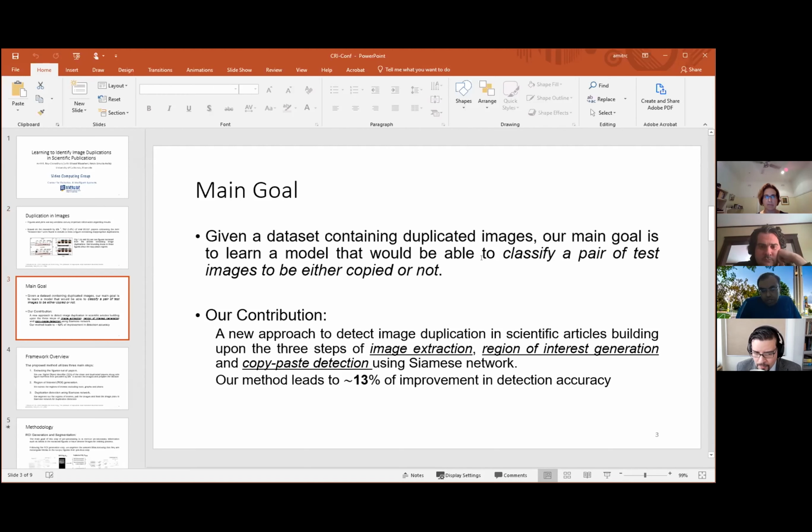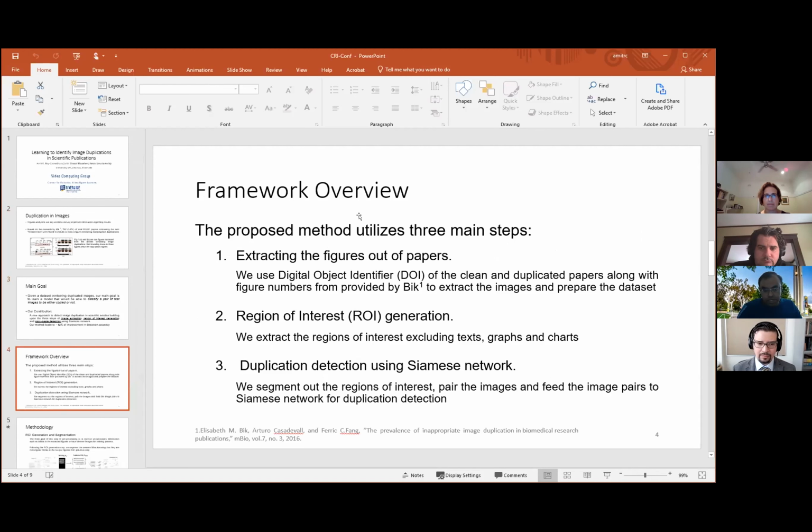And our specific contribution here was that we came up with this approach that relies on image extraction, region of interest generation, and then detecting whether there is a copy-paste duplication. And we came up with a particular machine learning method to do this, and it led to significant improvement in accuracy over existing methods, about 13% improvement.